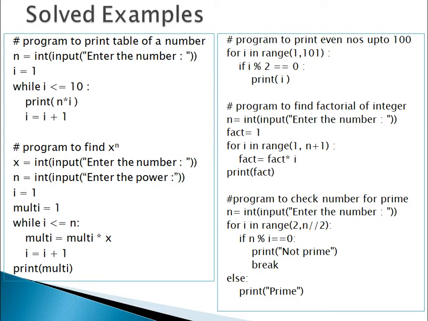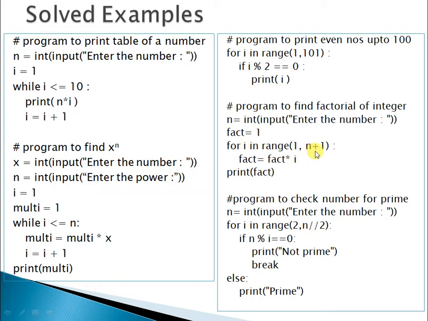What is the logic? First, you will get the number as input. Next, you declare a multiplication variable. Here we have changed the name to fact for factorial. So you initialize this fact with 1. Then you go from 1 to n plus 1. Why?